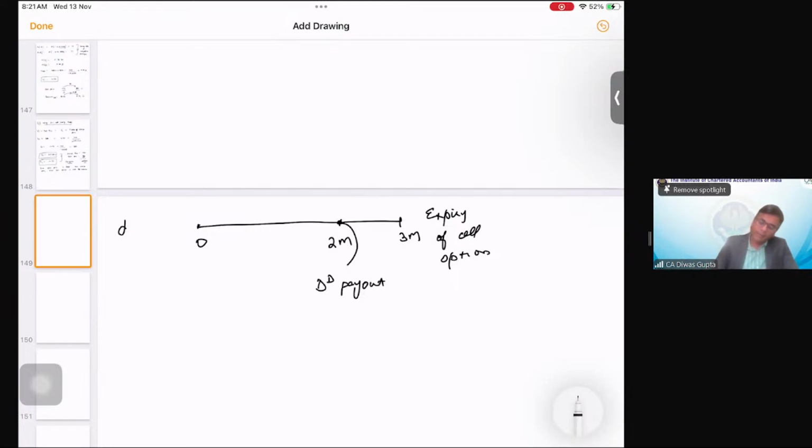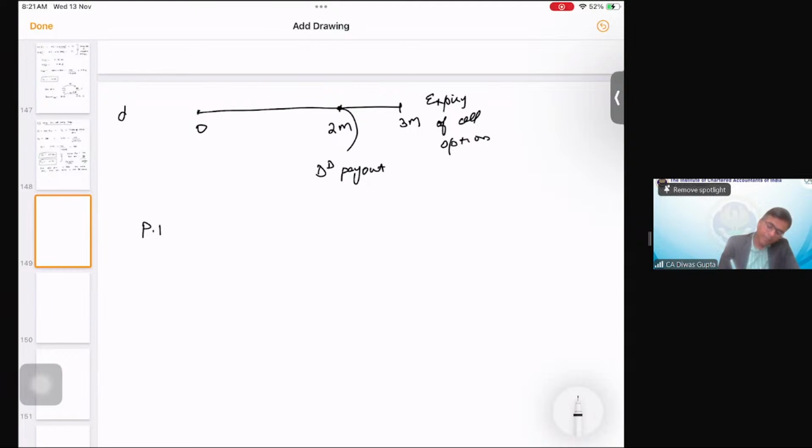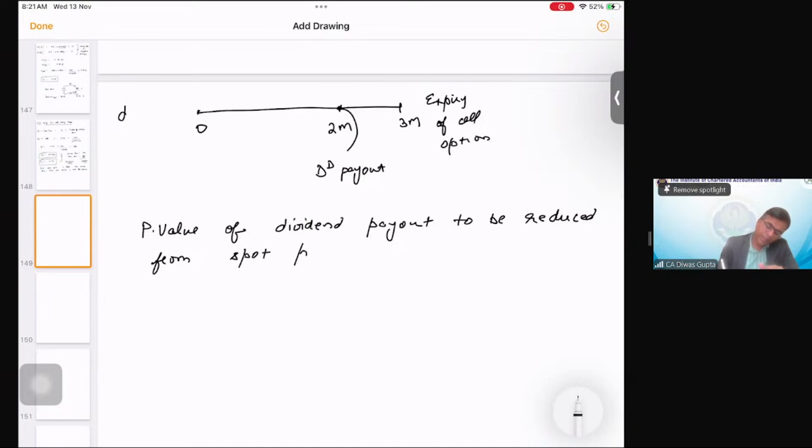Clear? Now the present value of dividend payout to be reduced from spot price for applying Black-Scholes model.